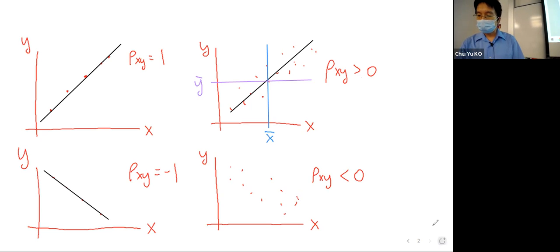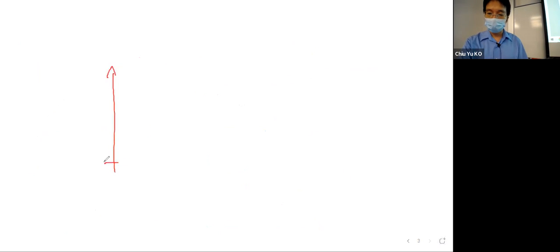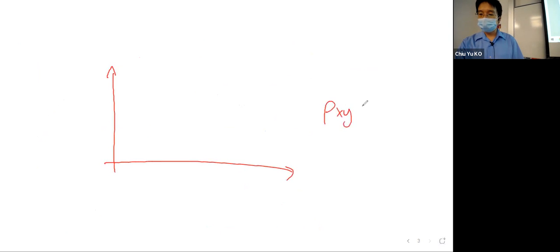Let me go to the next figure. One thing worth mentioning is what happens when you have rho XY equal to 0. It means that it's likely everywhere the same. So one way to draw it is like this.